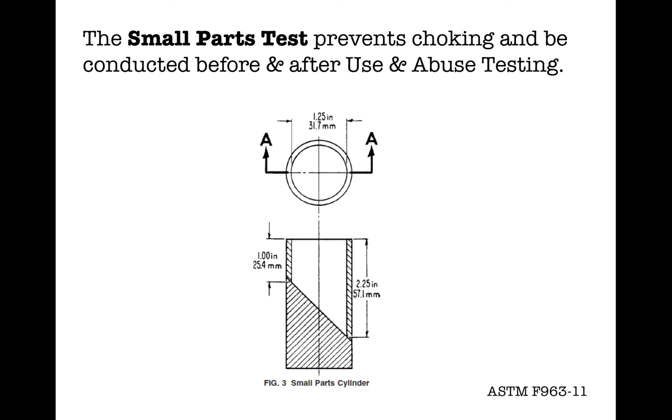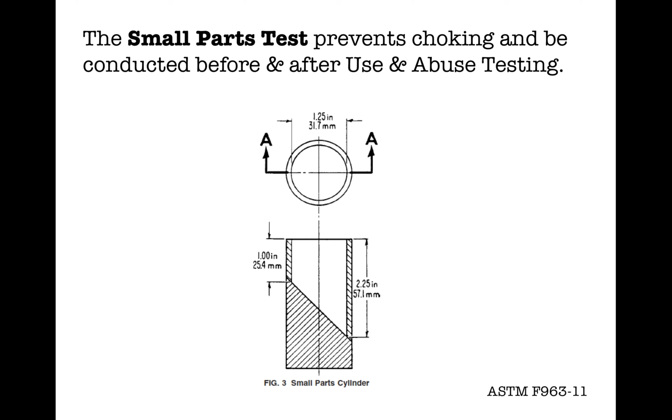All right, small parts test is something that actually will not be applicable to your toys because your toys are being marketed to 4 to 7-year-olds. But just for future reference, if your toy is being marketed to kids under 3, it has to pass a small parts test. What this is, it's basically simulating a child's esophagus.